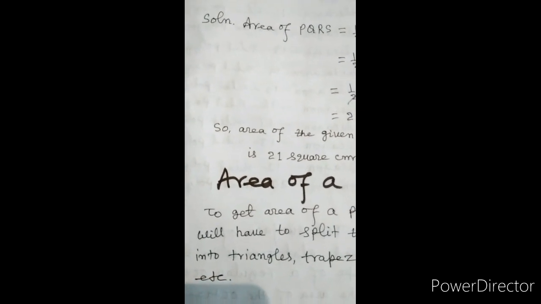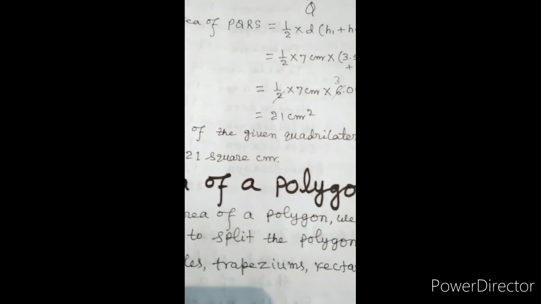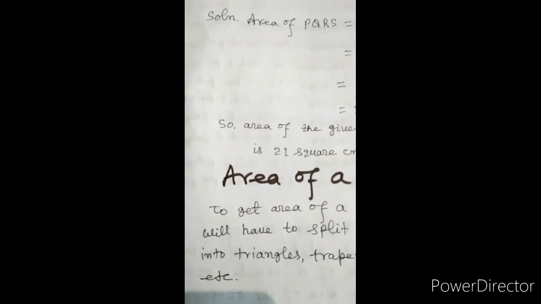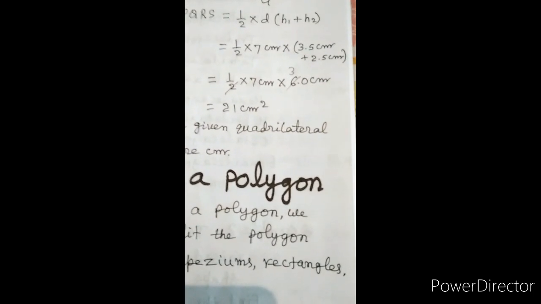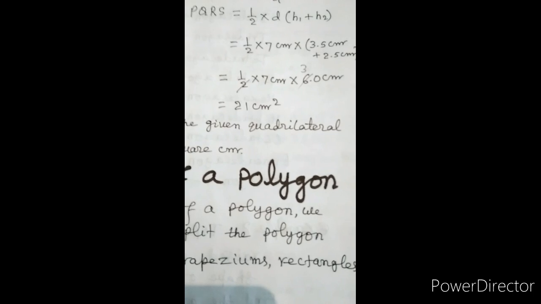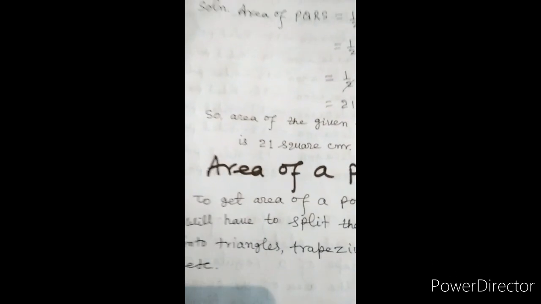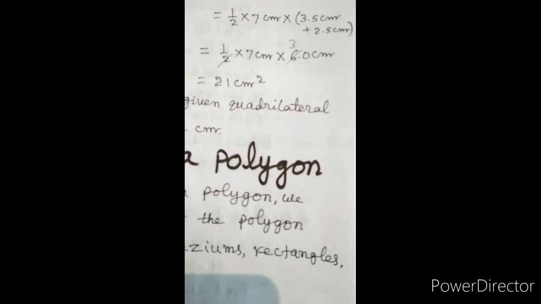It is a closed figure surrounded by line segments. If there are 3 line segments and it is closed, then it will be a triangle. Polygon is a closed figure surrounded by many line segments. So triangle is also a polygon. Quadrilateral is also a polygon.